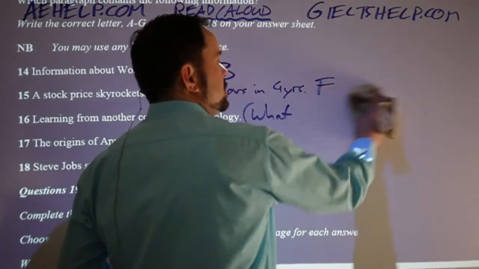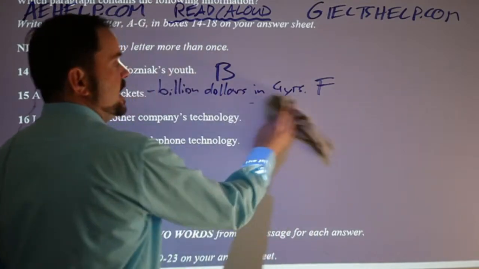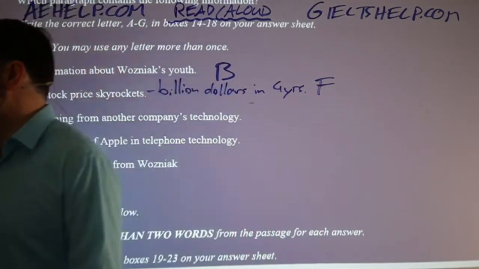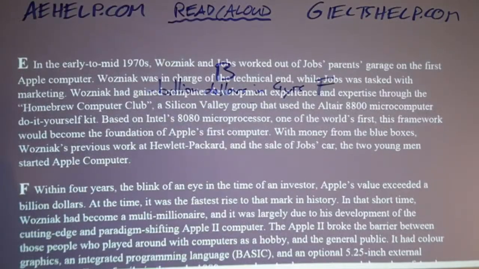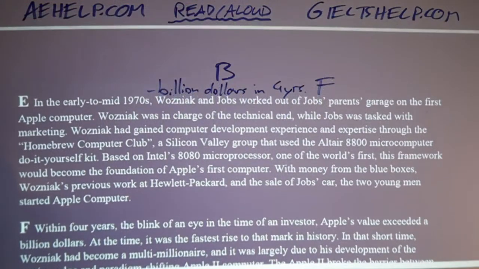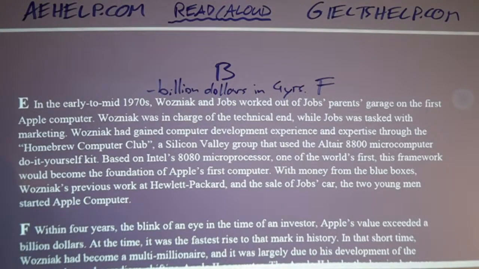And this is the question that I would probably check a little bit and see which one Wozniak is actually learning from. Okay. Or Altair. Okay. So here's E. Okay, let's check that out.